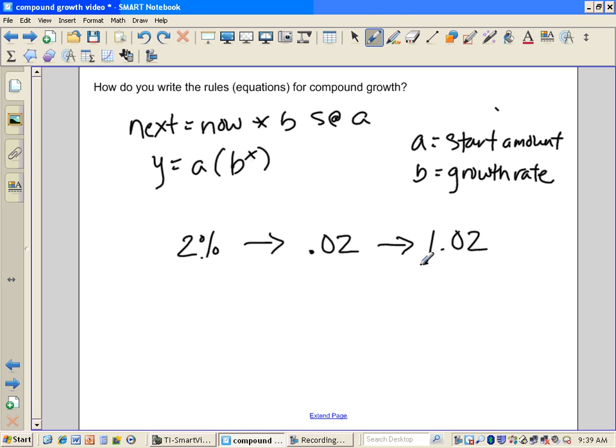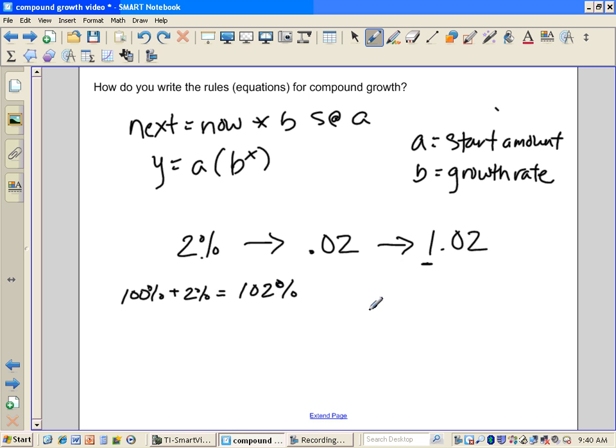So by putting the 1 in front, it's like saying we want to put 102%. We want our 100% of our initial data, or our initial value, population, plus 2% being added in more. So we have 102%.